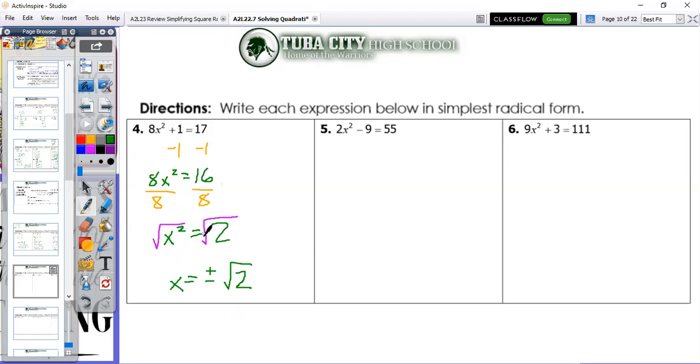And I cannot break down the square root of 2 anymore, so I'm just going to leave it as the square root of 2. If you can't take everything out, sometimes you will be left with a radical expression, or numbers under the radical. So that's about as far as we can go with that one.